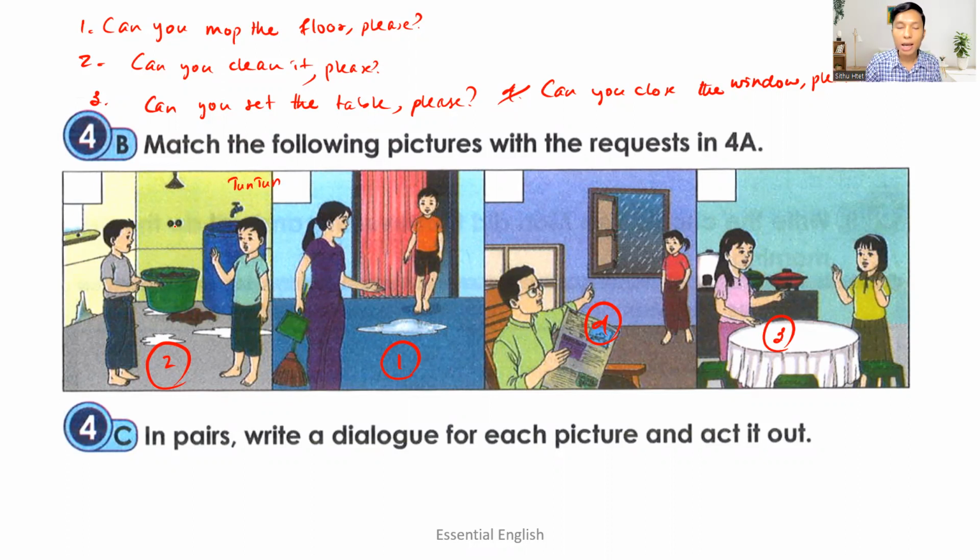This is the request. And you need to write a response. Sure, I will. Thank you. So this is a simple dialogue for the first picture. And for the second picture, you can say, brother, can you mop the floor, please? I'm sorry, I'm busy now. This is the request and the response. So you have to write a dialogue for each picture and practice speaking the dialogues.